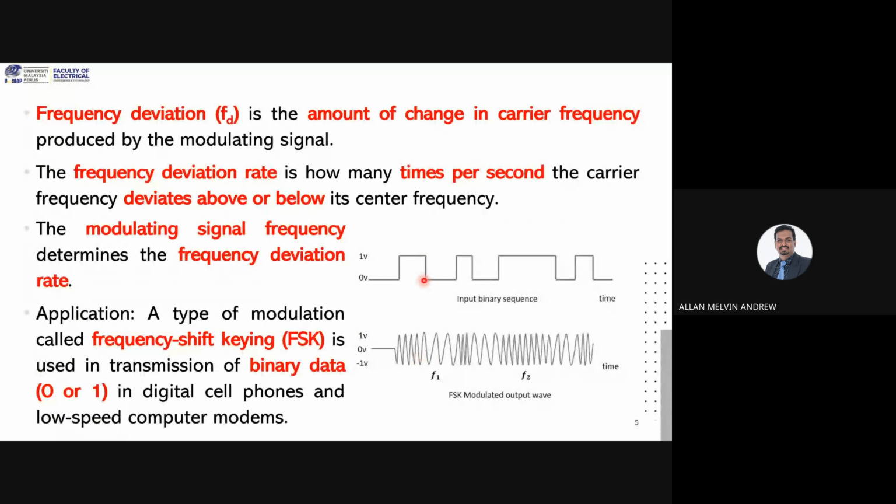When it goes to 0, it is a bit farther apart, and when it goes up again, it's nearer. So it will have a combination of this kind of output wave. We call it an FSK modulated output wave. We are not going to discuss this more. It's just an application of frequency modulation, because it's dealing with the frequencies.